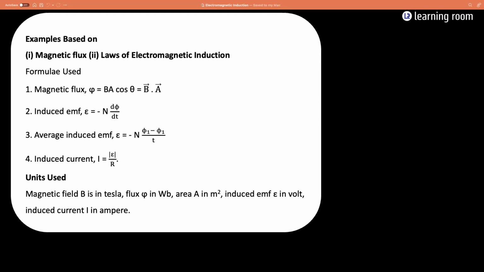So what is magnetic flux? Basically, it is given as BA cos theta or B vector dot A vector. The induced EMF is minus N into d phi by dt. The average induced EMF is minus N into phi 2 minus phi 1, divided by T. And induced current will be equal to magnitude of E divided by R.